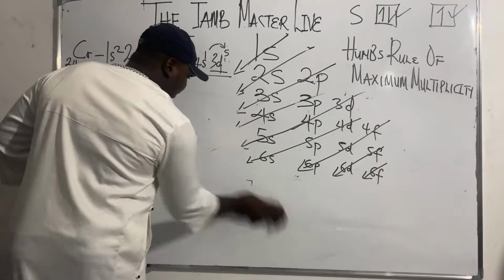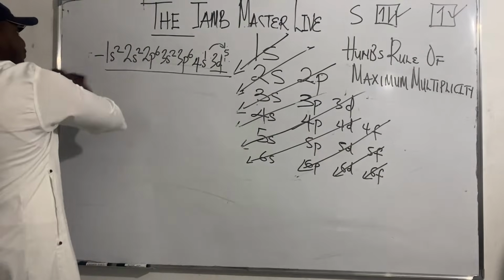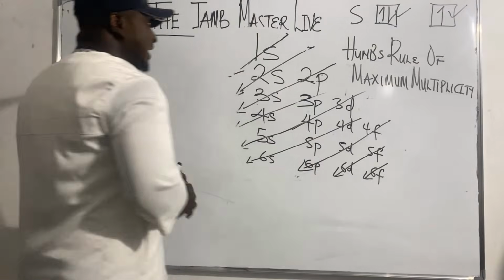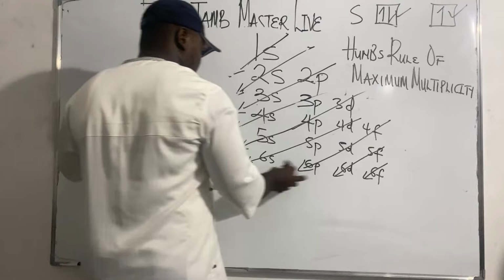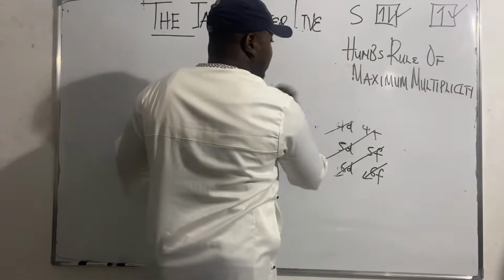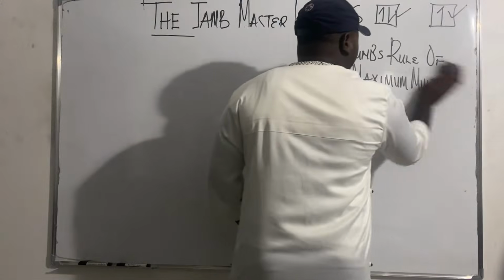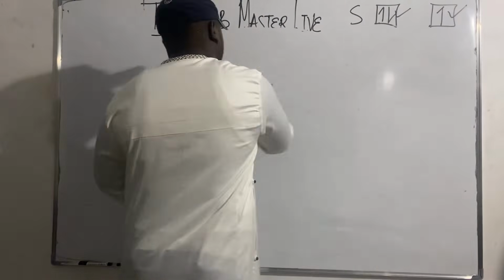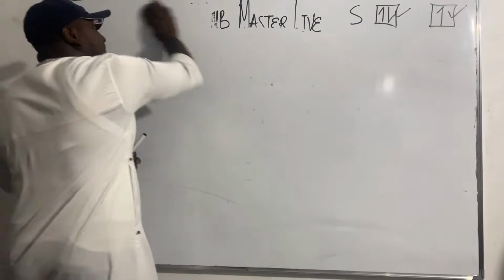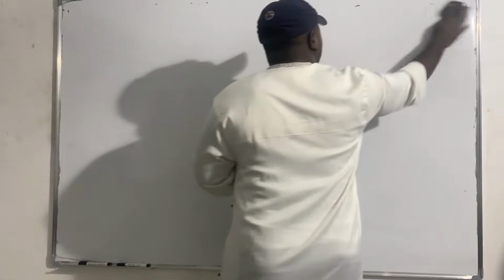Now that I have understood this and I've also done it thoroughly, the next thing we need to look at is how to calculate the number of unpaired electrons.